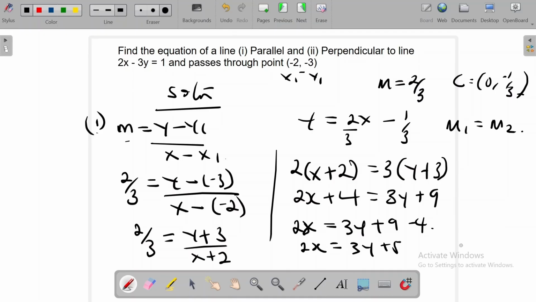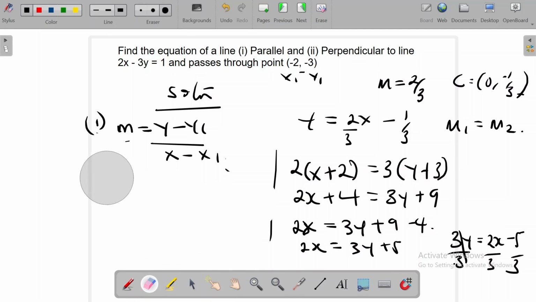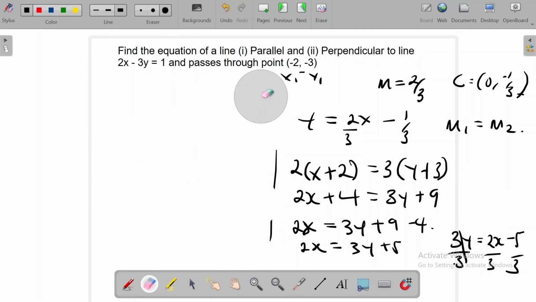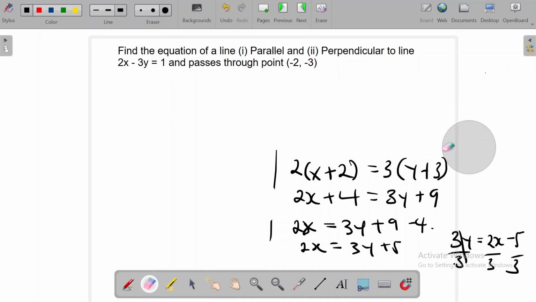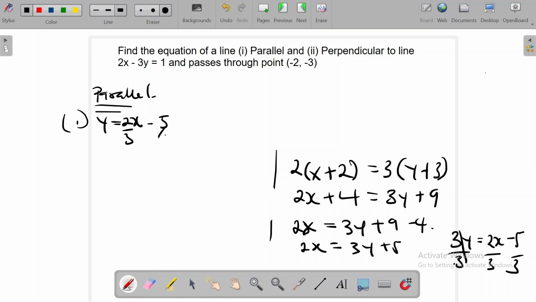So you end up with 3y is equal to 2x minus 5, over 3 over 3 over 3. So I can say that if they are parallel, then the equation of the line for the parallel would be y is equal to 2x over 3 minus 5 over 3.